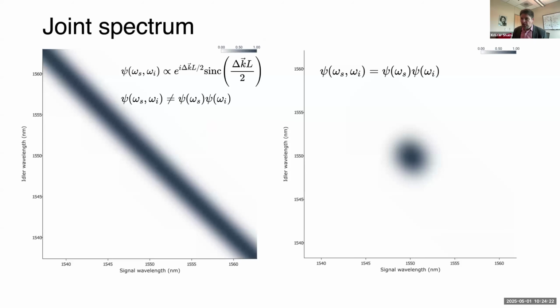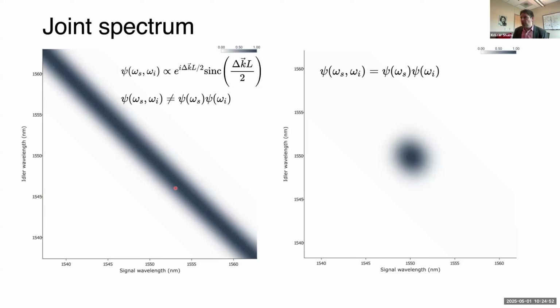As an example, with down conversion on the left, in a lot of sources, when you design them, you're going to get a very strong correlation between the wavelength of your signal photon and idler photon. If I detect a photon, my detector is going to project my photon into a particular wavelength, and that's going to project my idler photon into some other corresponding wavelength.